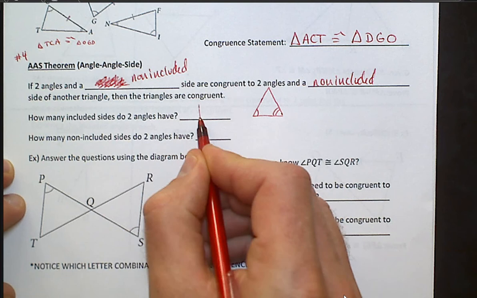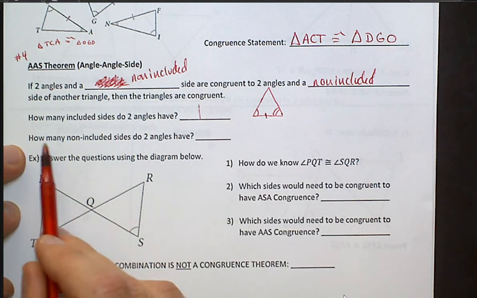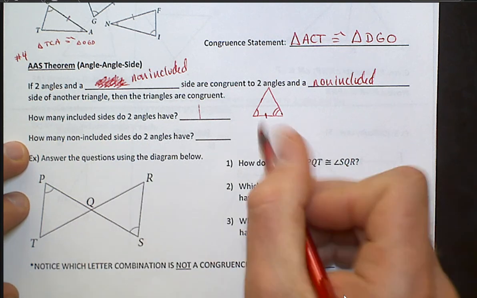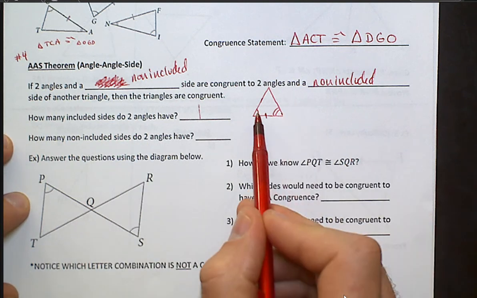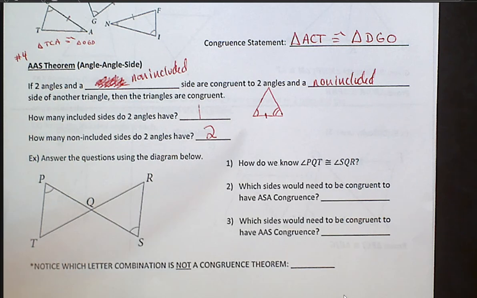One, right? Right there. How many non-included sides do two angles have? So if you look at these two angles, how many non-included sides do two angles have? Two, okay? So the example says, answer the question using the diagram below.